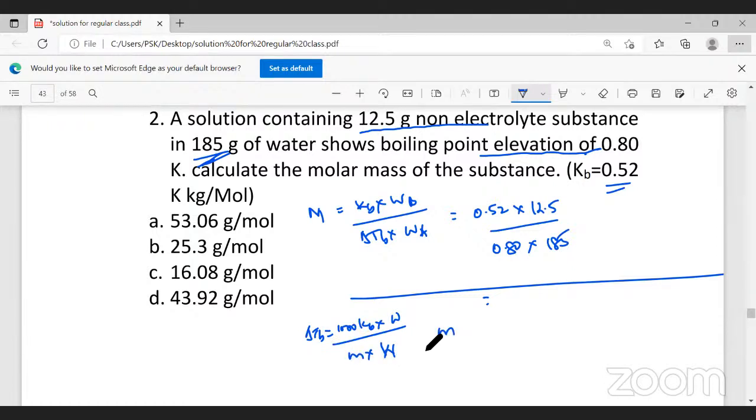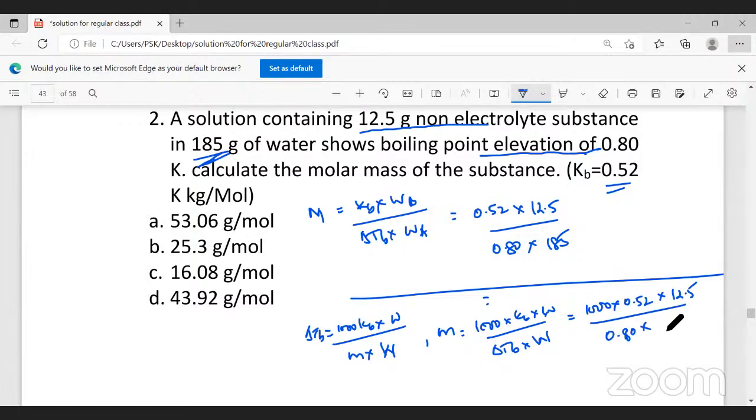So what will be M? M will be equal to 1000 Kb into w divided by delta Tb into capital W. Now you substitute here: 1000, Kb they have given us 0.52, into w, weight of the solute, 12.5, divided by delta Tb 0.80 into the mass of solvent, 185.